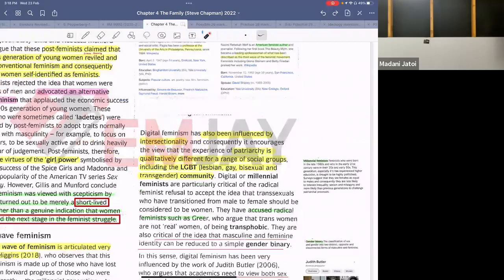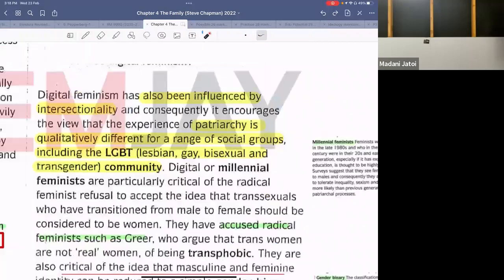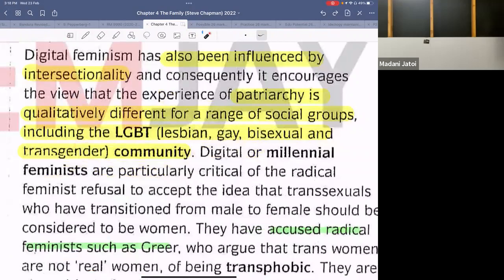So yeah, digital feminism has also been influenced by intersectionality, right? Intersectionality. Not everyone has the same experience because everyone is different, right? And consequently, it encourages the view that the experience of patriarchy is qualitatively different for a range of social groups, including the LGBT, that is lesbian, gay, bisexual, and transgender community.